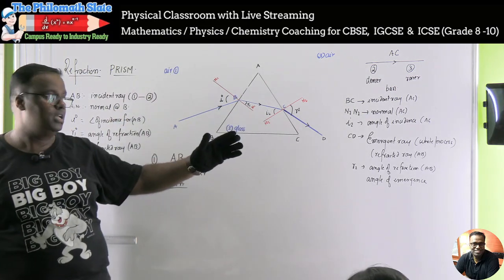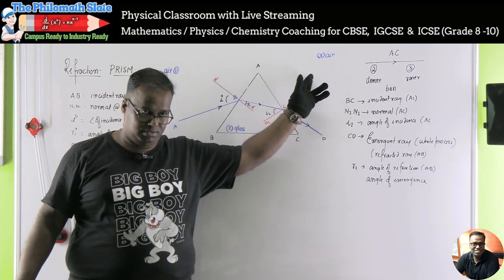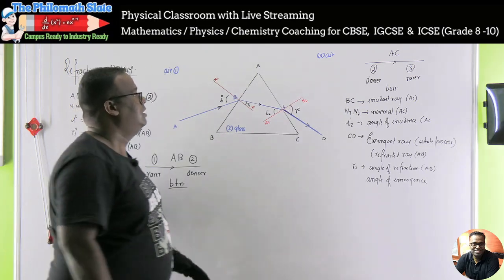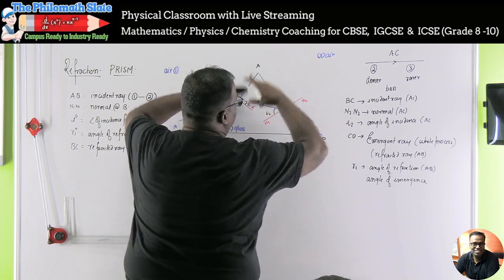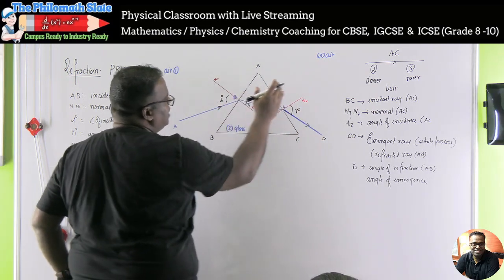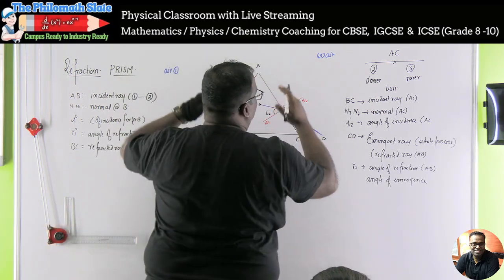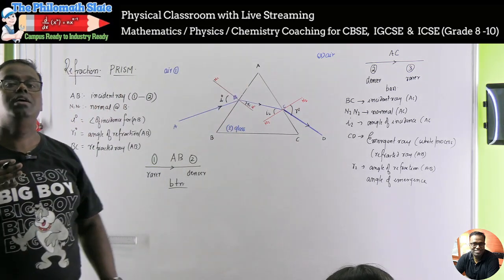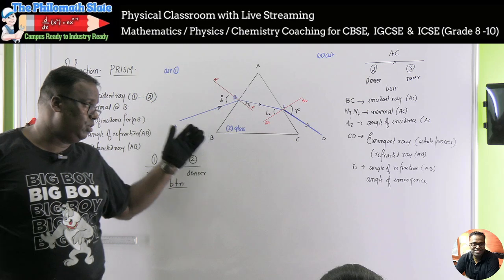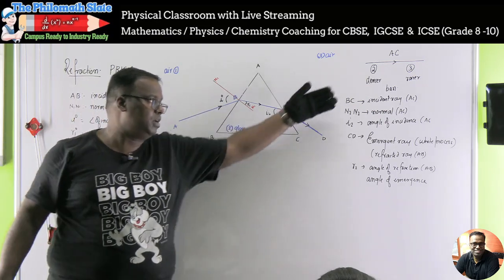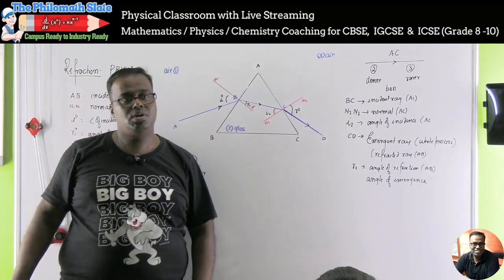The reason is, though it is air glass air, these two sides are at an angle and are not parallel. In that case, the two refracting surfaces were parallel. Now the two refracting surfaces are at an angle to each other. As such, you will not get a case when this ray is coming out parallel to the same. So it will come obliquely bent.